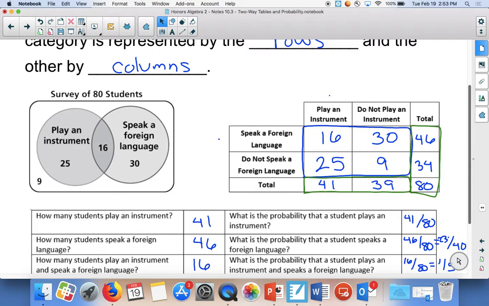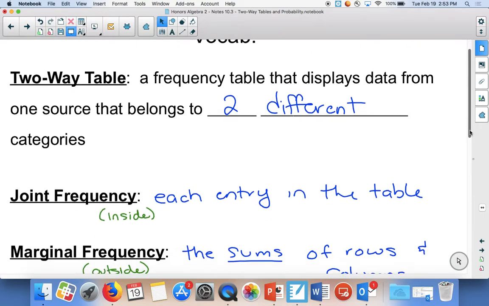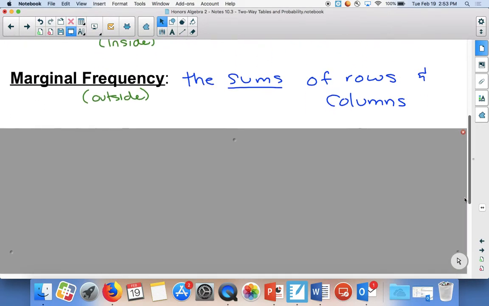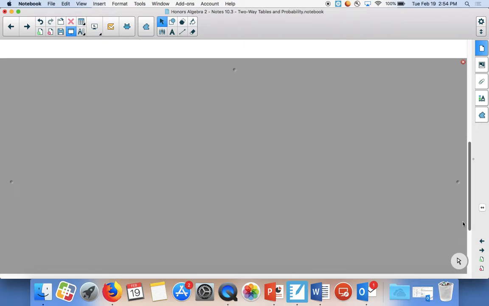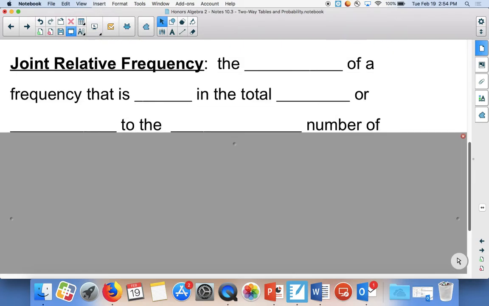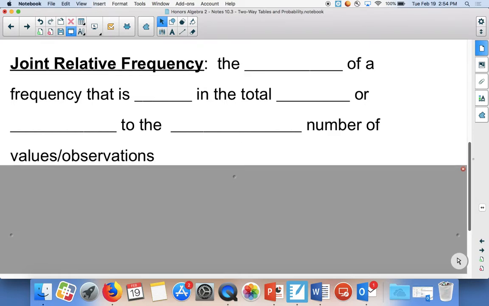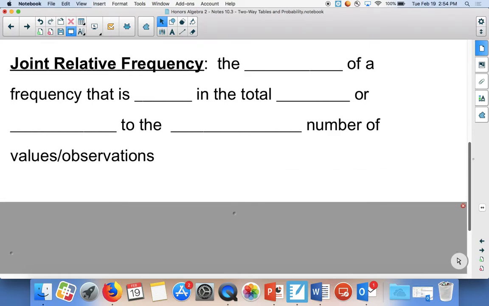Do you see inside versus outside? The inside numbers, outside numbers. You got to keep those straight. And obviously pause this at any point if I go too fast, so you can get the stuff recorded.